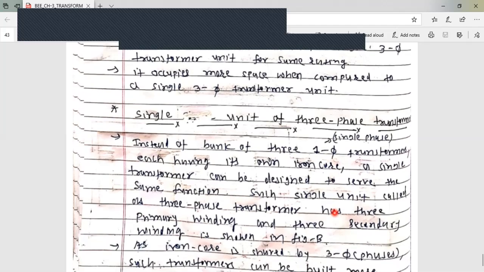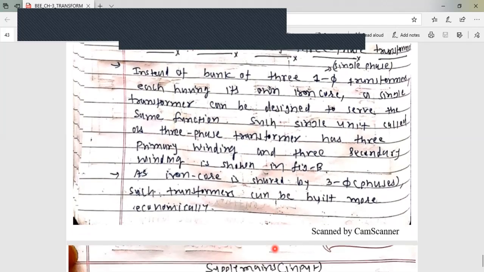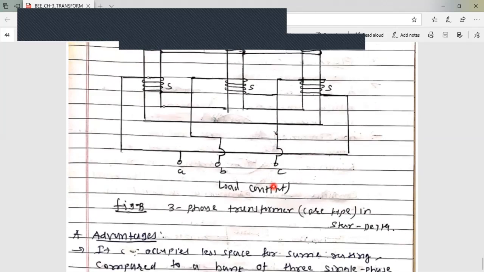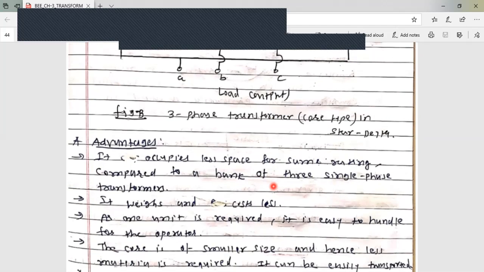And now the second type is the single unit of three-phase transformer. Here the core is shared by all these phases. As in the single phase units, the cores are different, but here the core is shared by these units. So it requires less space, and its weight is less.